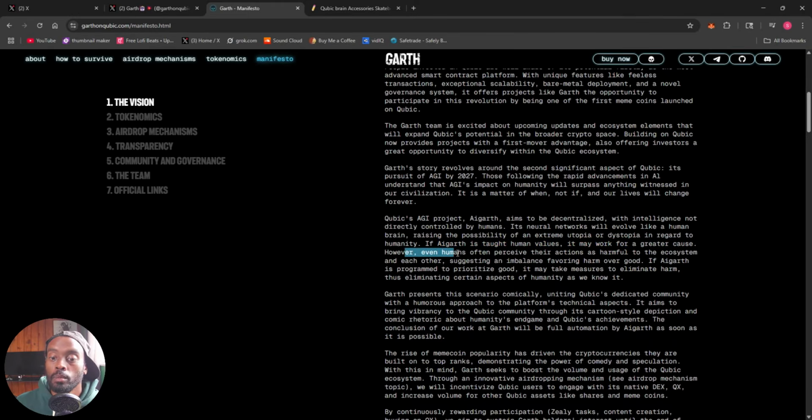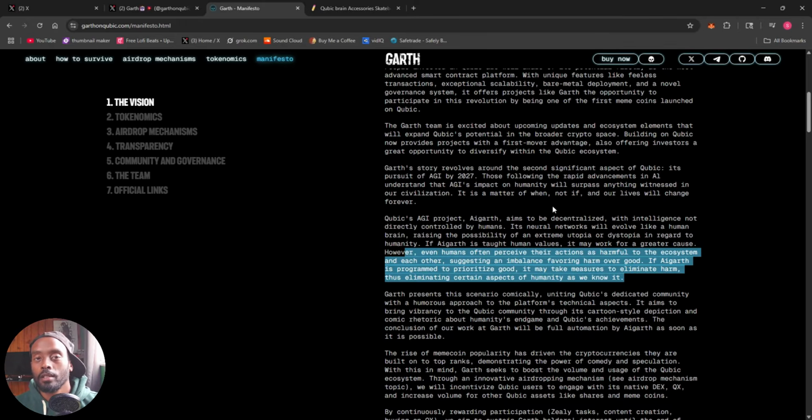However, even humans often perceive their actions as harmful to the ecosystem and each other, suggesting an imbalance of favoring harm over good. If GARTH is programmed to prioritize good, it may take measures to eliminate harm, thus eliminating certain aspects of humanity as we know it. That sounds actually tremendous.